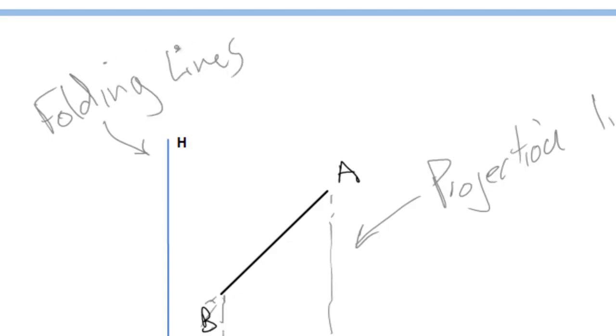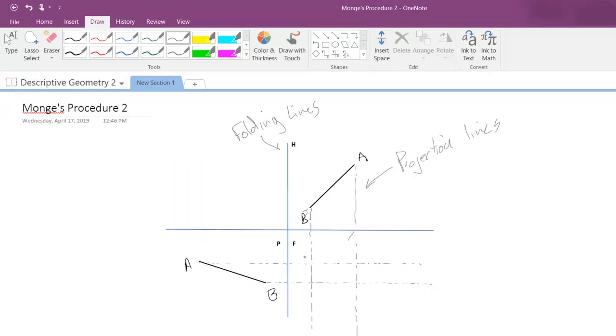Okay, and then of course the three principal views that we have: the plan view labeled H, H for horizontal, and the front elevation. And okay, maybe you figured it out by now. If you want to know where B is, it's where the projection lines for B meet.